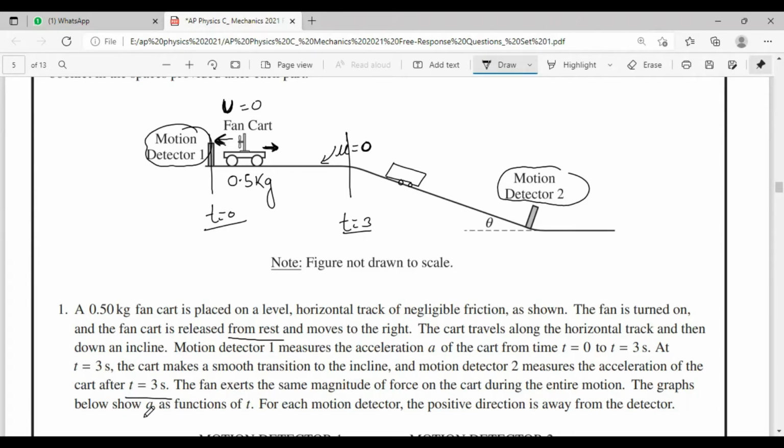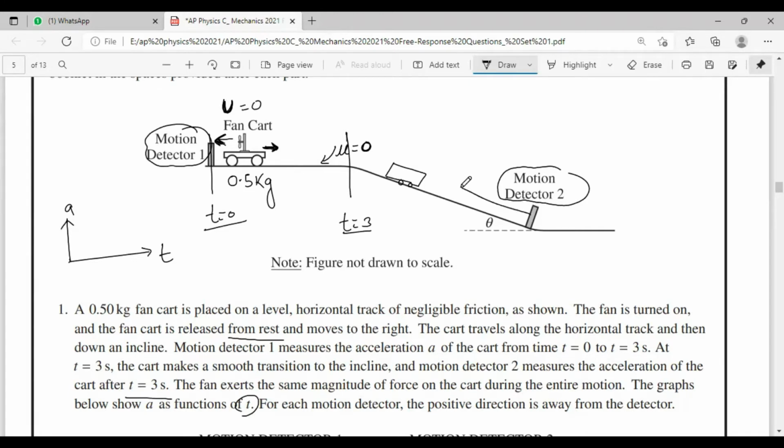The graph below shows a as a function of t. So there will be a graph below this paragraph with acceleration and time on the axes. For each motion detector, the positive direction is away from the detector.